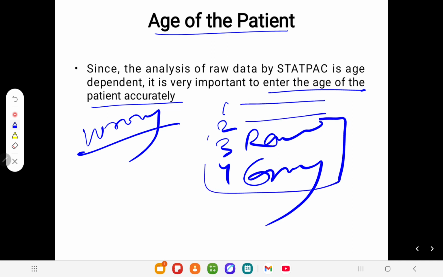These things are useful even if you enter wrong data, and the rest of the six things will definitely go to the dustbin. So that's how important it is to put the correct date of birth. But if you put a wrong date of birth, then raw data and grayscale are still useful, you can even analyze from there. Okay, that's very important.